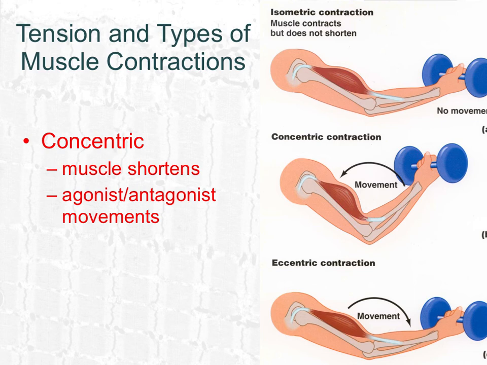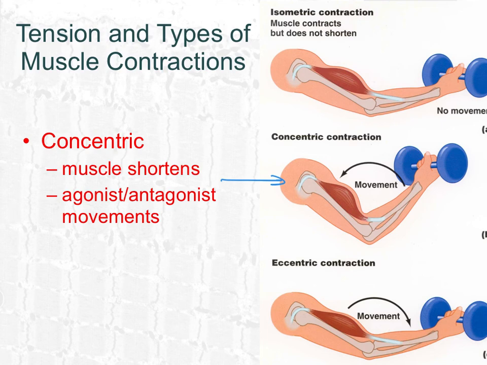So a concentric contraction is a normal muscle contraction with movement, like what I was just explaining, and then the agonist moves, the antagonist undoes the movement. So that's a concentric contraction, sort of typical.